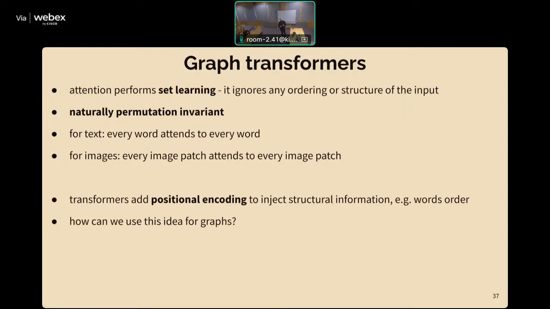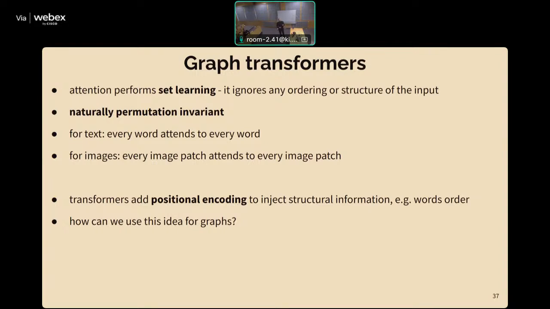And we can also use graph transformers, because of course you can use transformers. And the idea is as follows. Attention, at its heart, on any object is learning on sets. Attention is set learning because it ignores any ordering or structure of the input. Attention, as a mechanism for weighting things, is everything to everything.